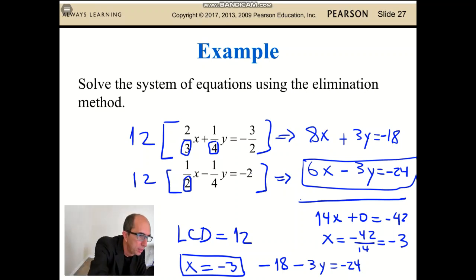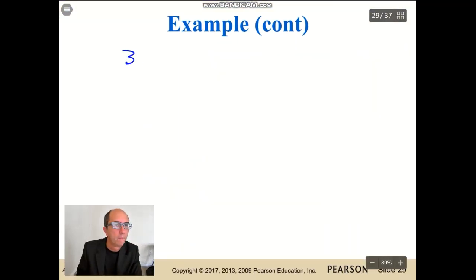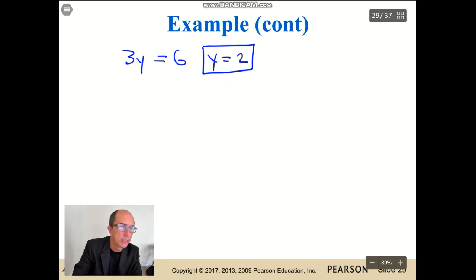If we keep working here, we're going to have 3y equals 6, y equals 2. So the ordered pair solution for this system is going to be -3 and 2.